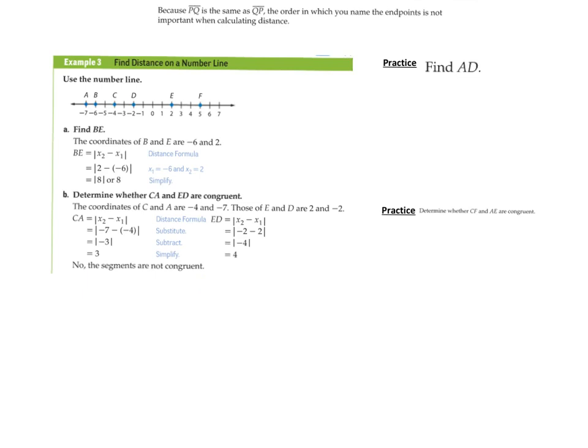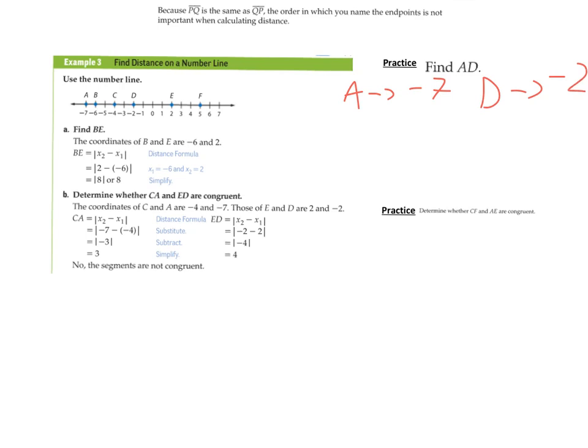All right, let's take a look at a practice of our own. We want to find the distance between A and D. Well, A looks like it's at -7. D looks like we're at -2.